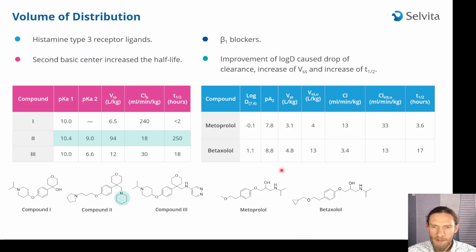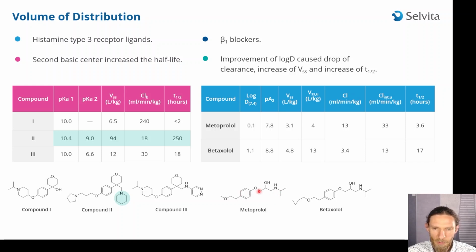Metoprolol is a quite polar molecule, moderately basic, with low volume of distribution, 4 liters per kilogram, and quite low half-life of 3.6 hours. In this case, the researchers couldn't modify the basic center because it was mainly part of the key pharmacophore responsible for the interactions with the biological target.